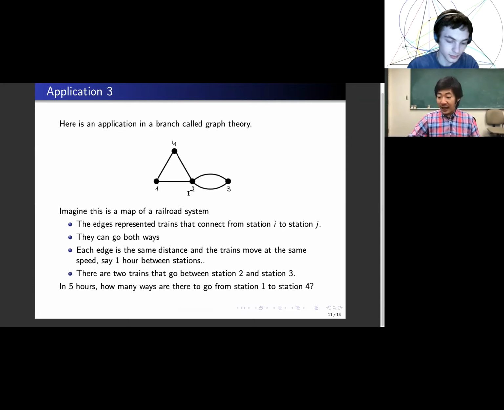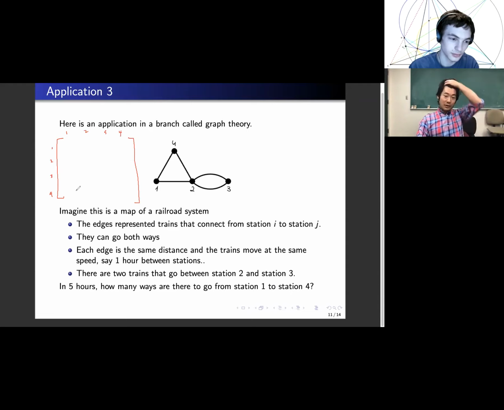You just count in 1 hour how many different ways there are to go from station I to J. So here's 1, 2, 3, 4, and 1, 2, 3, 4.